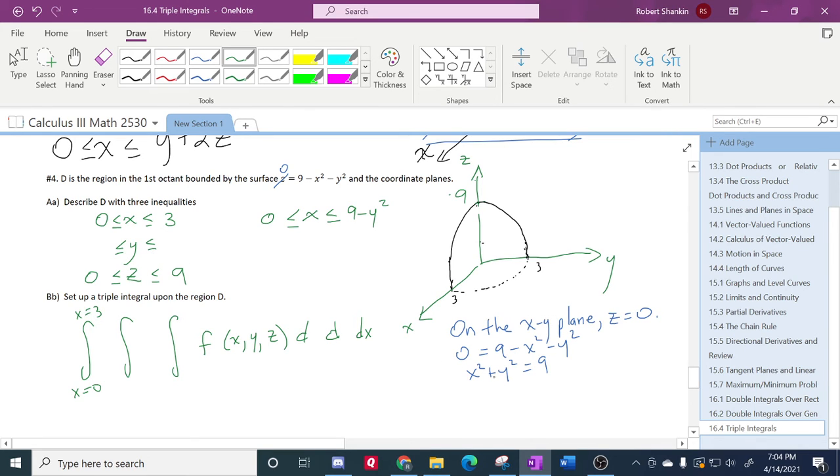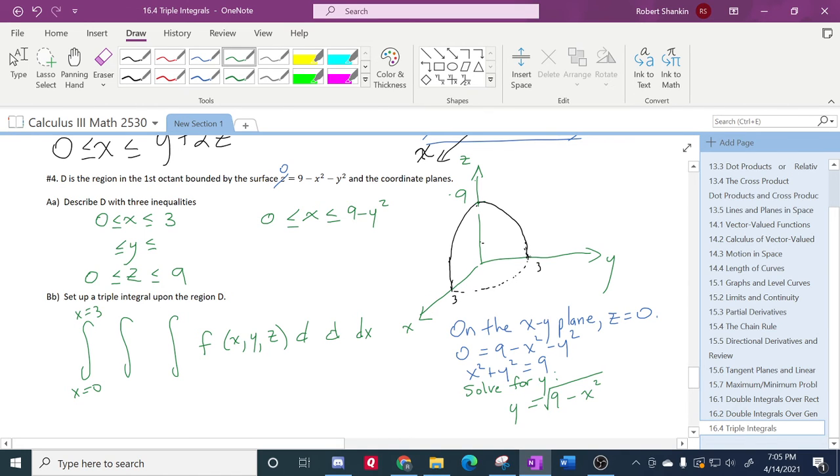So we'll solve this for y. You bring the x squared to the other side. y squared is equal to 9 minus x squared, and then you square root both sides. Now you'd put a plus or minus, but we're only going to take the plus part.